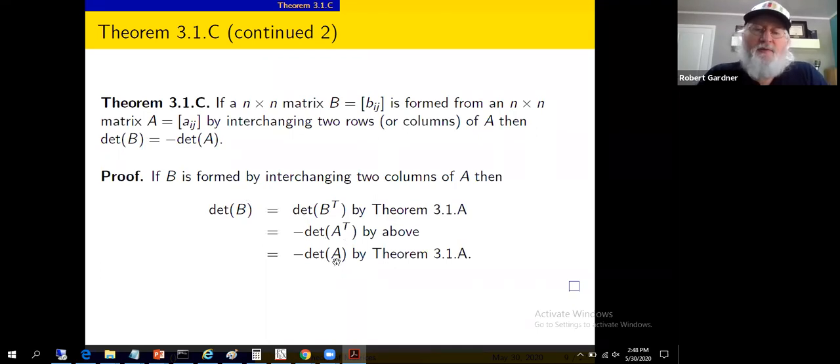The determinant of A transpose is the determinant of A. And then we can conclude the determinant of B is negative the determinant of A, even when you interchange two columns. Not a surprise once we've got that first result shown, that the determinants of A and A transpose are the same. Anything you can do for rows, you can do for columns, because the columns of A are the rows of A transpose.